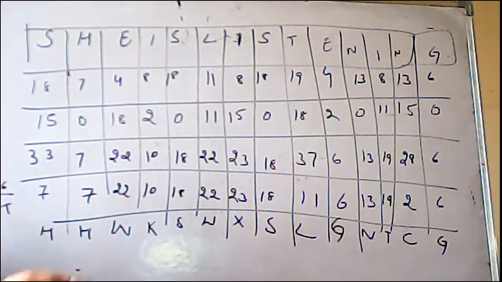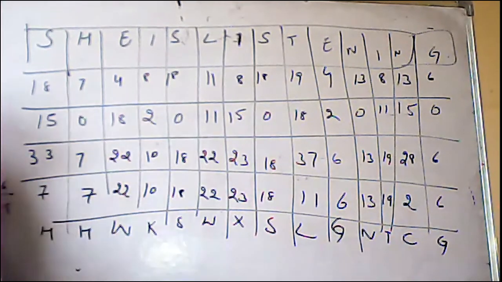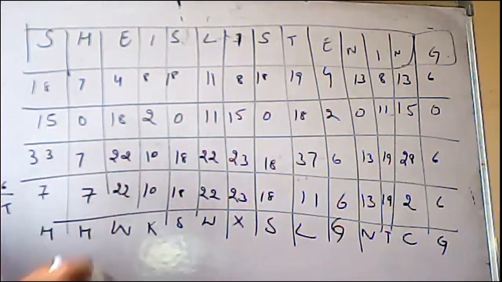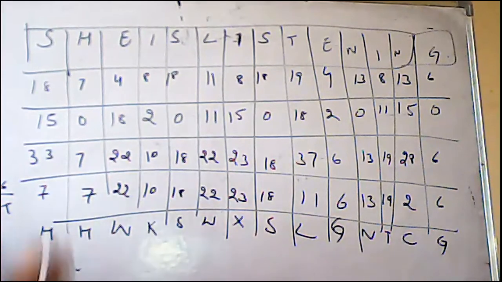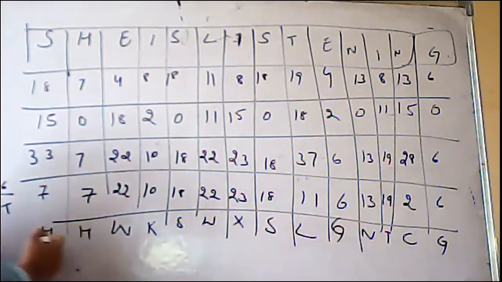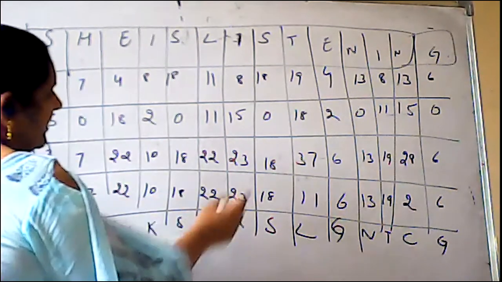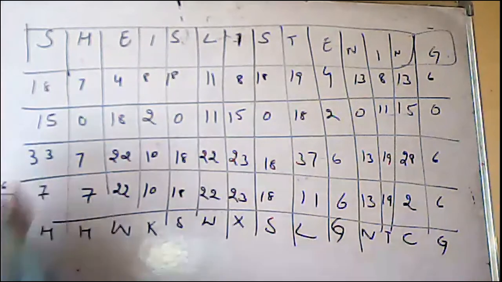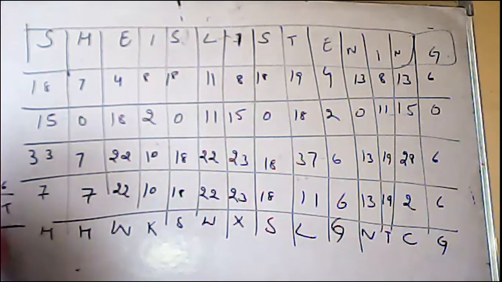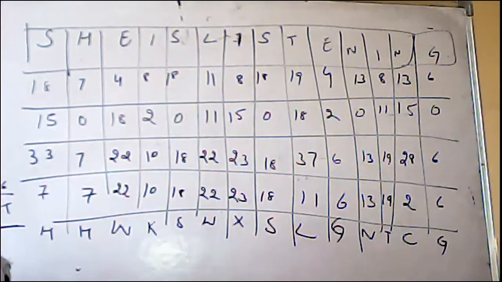When you do the mod, you will get the same value. So 33 minus 26, you will get 7 as a remainder. So you will get HHWK SLGNTCG. This will be your encrypted ciphertext.